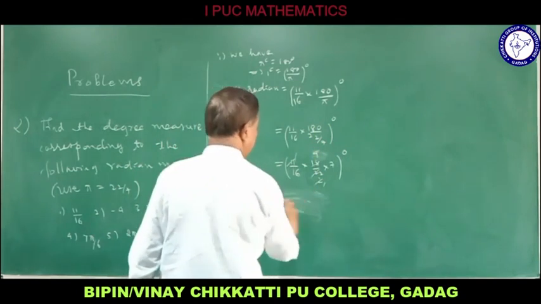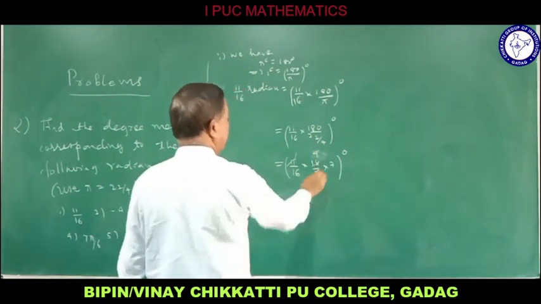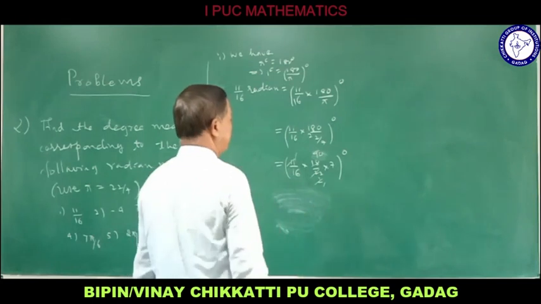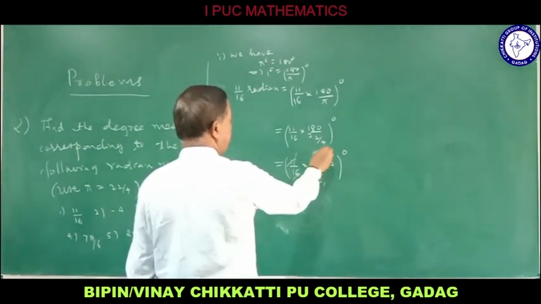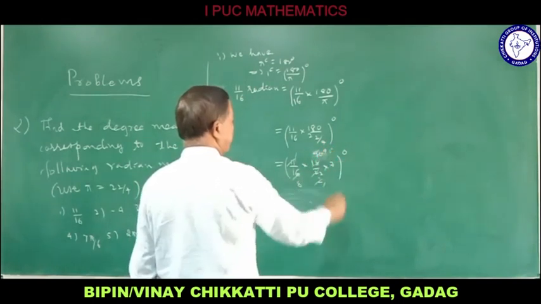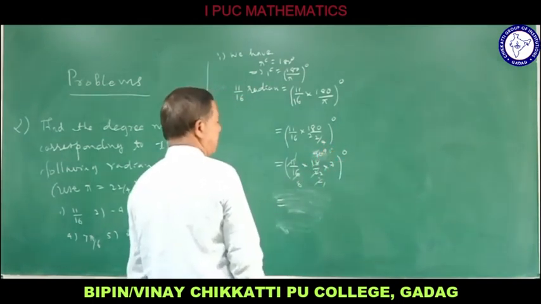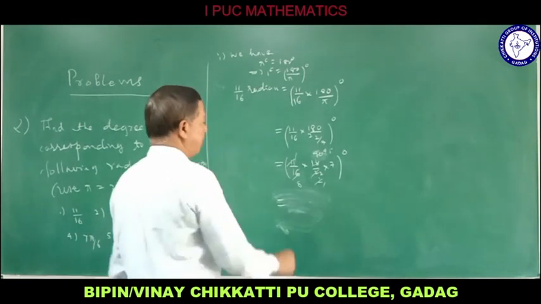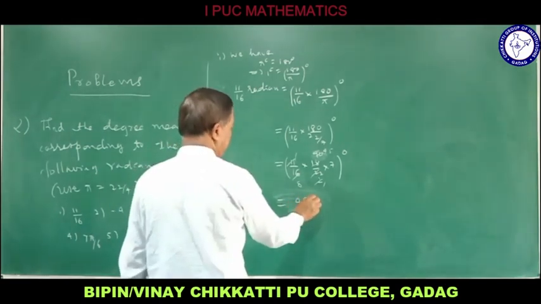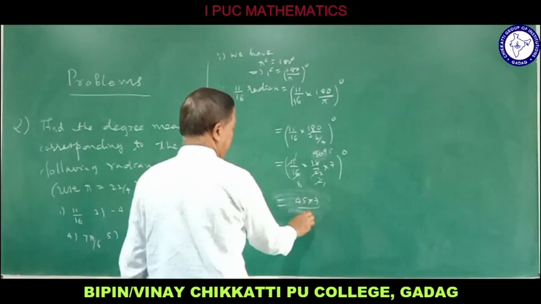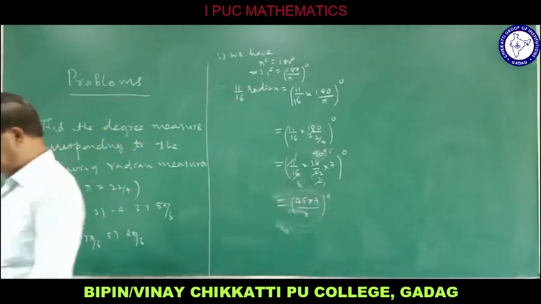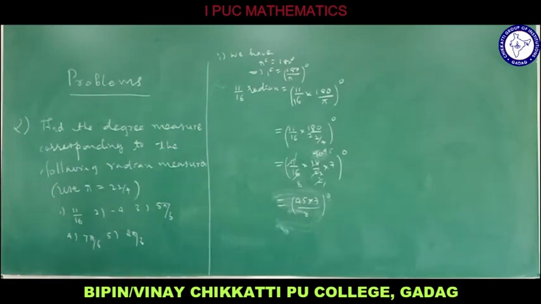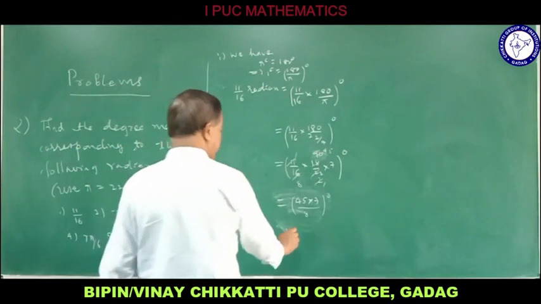Here 180 is 90 into 2, so 2 fours are 8, and here you have 45 into 7 divided by 8 degrees.